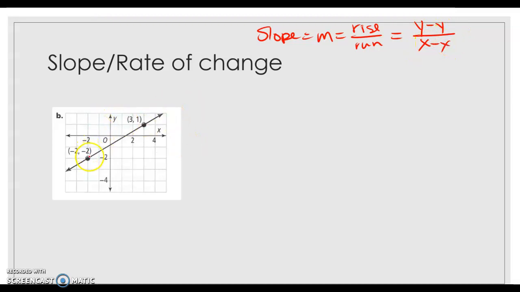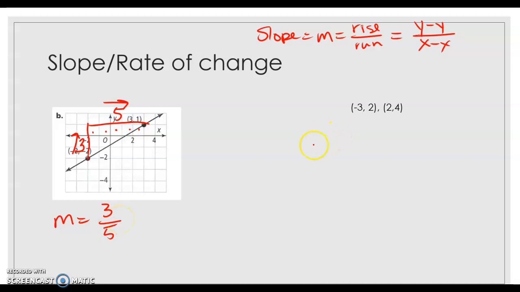And so from here, I always start from the leftmost dot to the rightmost dot, because then my negative, if I have a negative move, will always be down, and I don't have to remember left. But I'm going to count here. To get to this point, I got to go up 1, 2, 3 boxes. So up 3 and right 1, 2, 3, 4, 5 boxes, right 5. So m will equal 3 over 5.